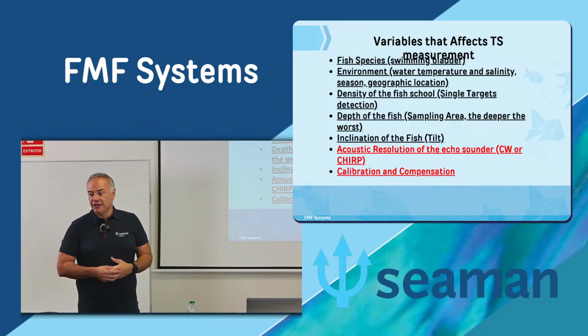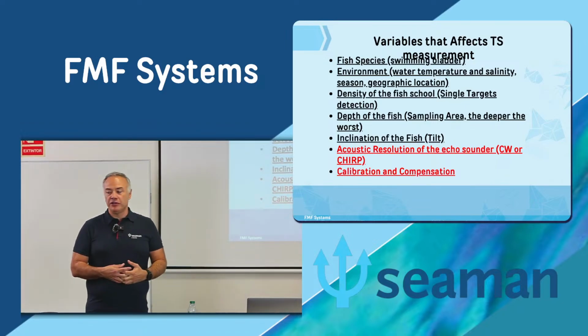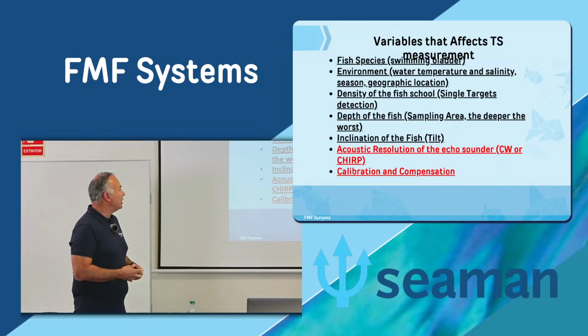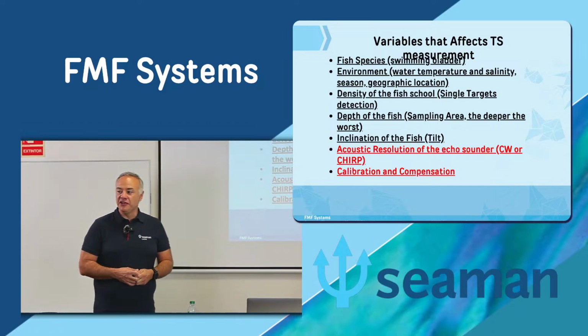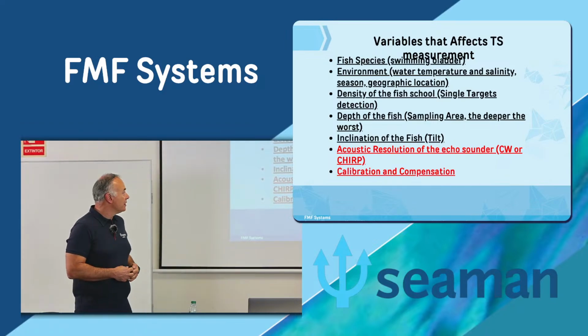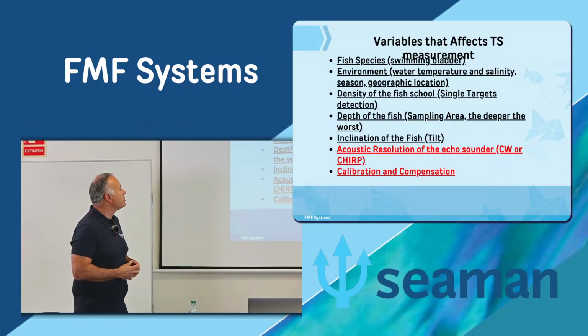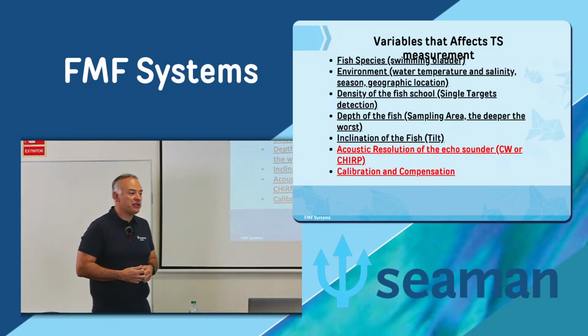So the size and shape of the swimming bladder will determine how difficult or easy it is to measure one fish.